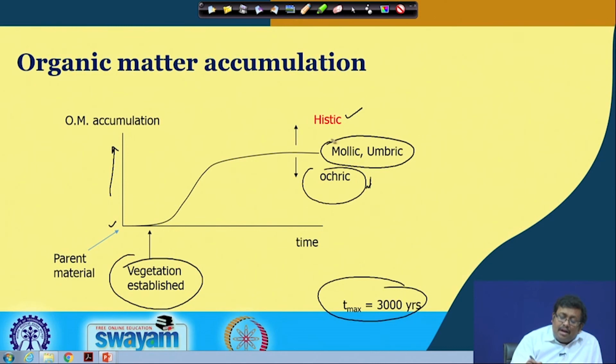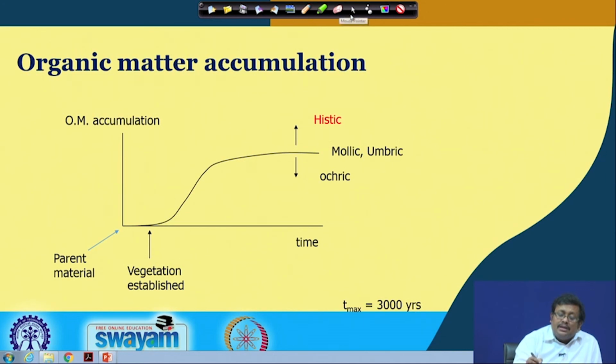So, that is how mollic and umbric stand in between histic and ochric epipedon. These graphs give you a basic idea about how we can segregate ochric and histic from mollic and umbric, and all of these are considered important surface soil horizons based on which soil taxonomy classifies different soils.